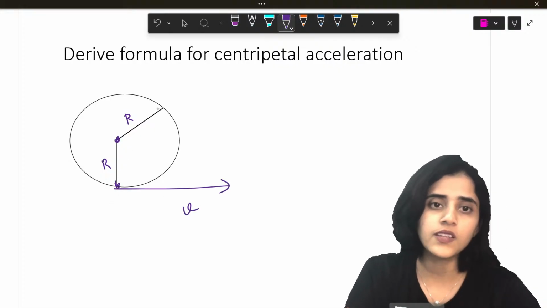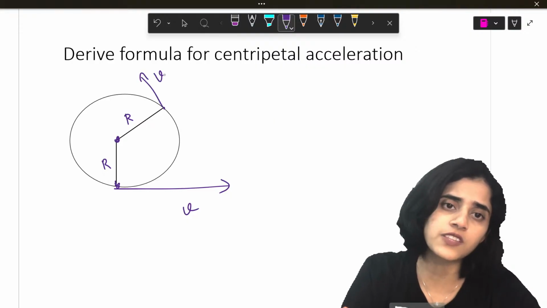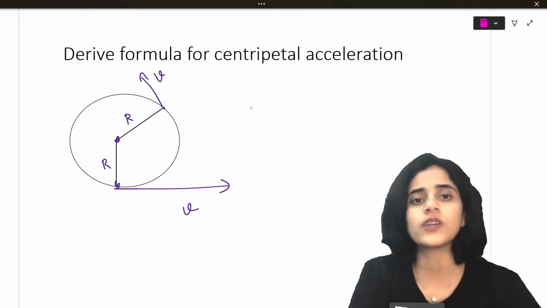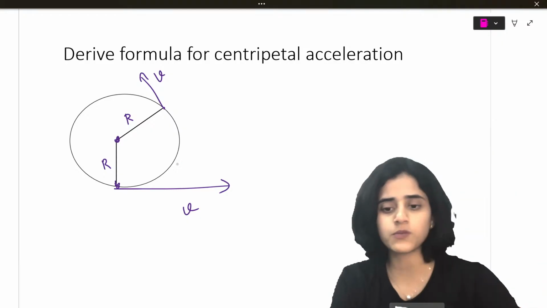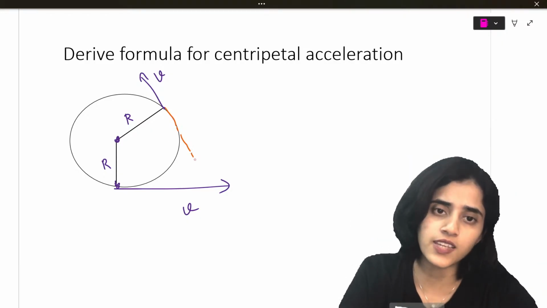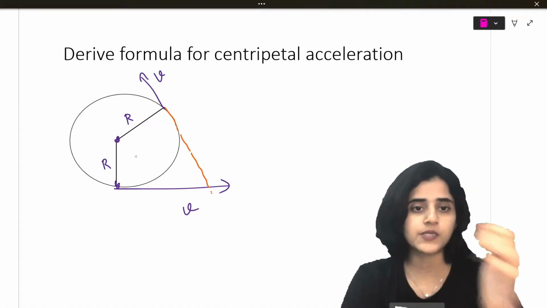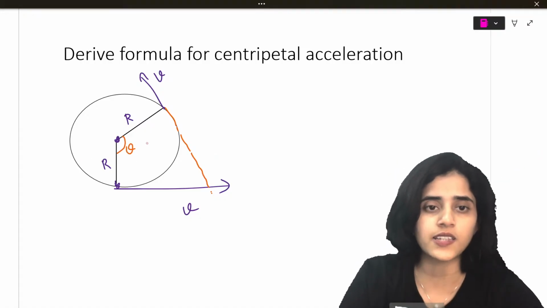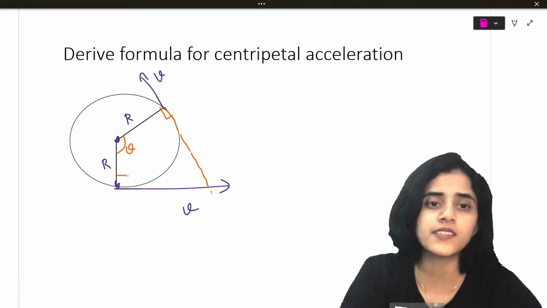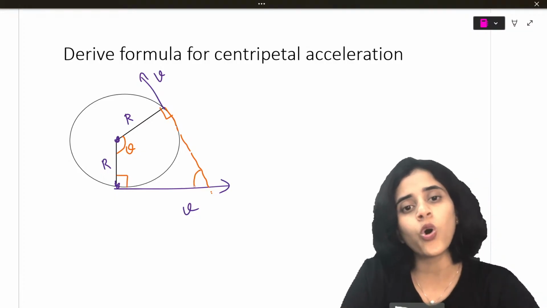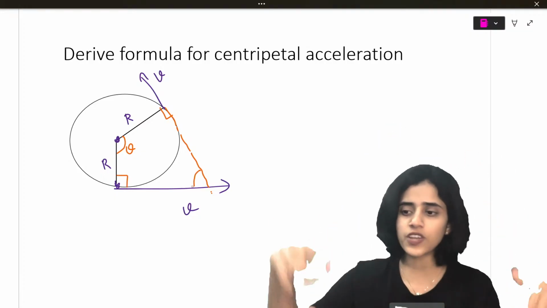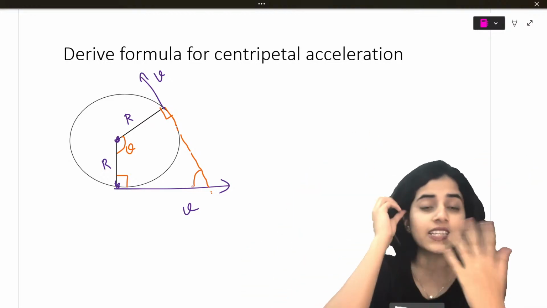Now at this point, the velocity is v this way. It's always a tangent drawn. So there's v on both the sides. Now if you just extend this, you will get a shape like this. So if this is theta, this is obviously 90 degree, this is 90 degree. But the whole thing is a figure that's fully 360 degree.